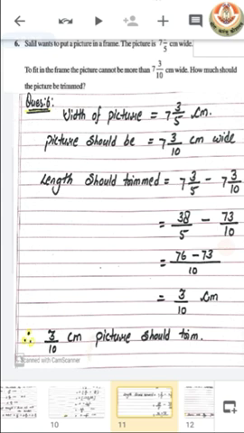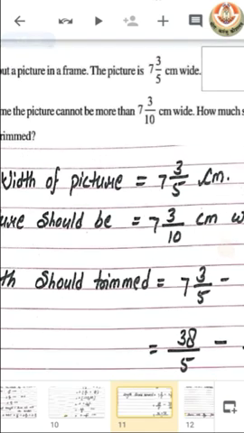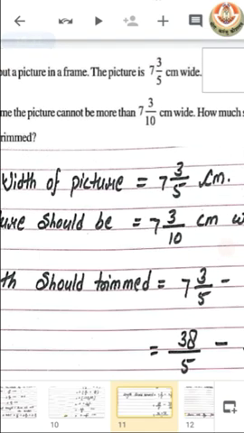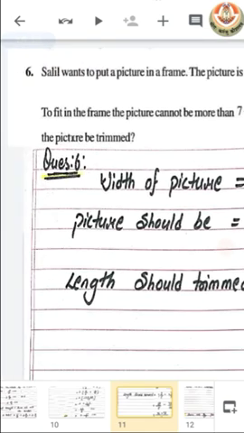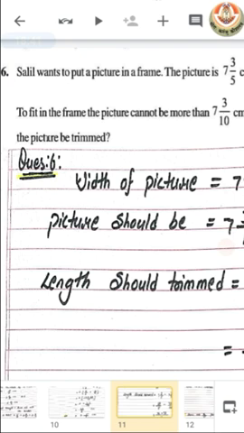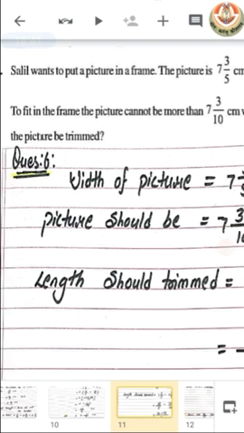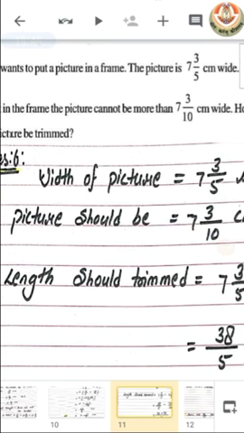Salil wants to put a picture in a frame. The picture is 7 3 by 5 centimeters wide. To fit in the frame, the picture cannot be more than 7 3 by 10.